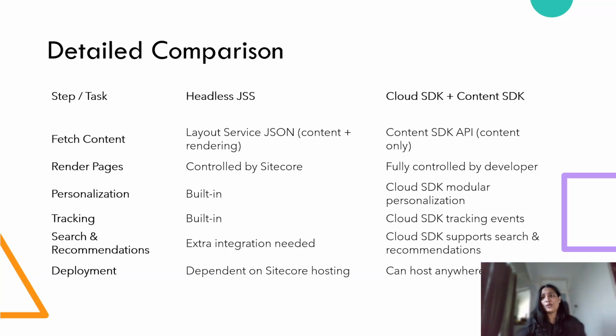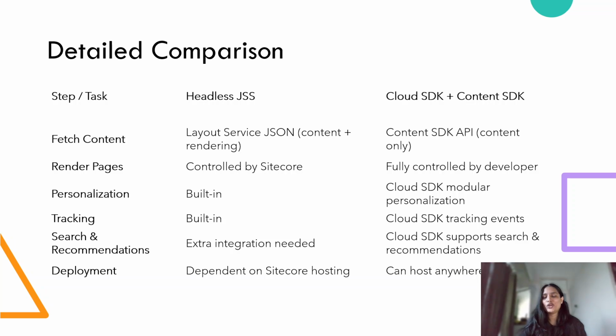Finally, for deployment, with JSS your application is tied to Sitecore hosting, but with the Content SDK and the Cloud SDK, your application can be hosted anywhere, Vercel, Netlify, Azure, easily. We can also deploy the Sitecore JSS application in all the environments.